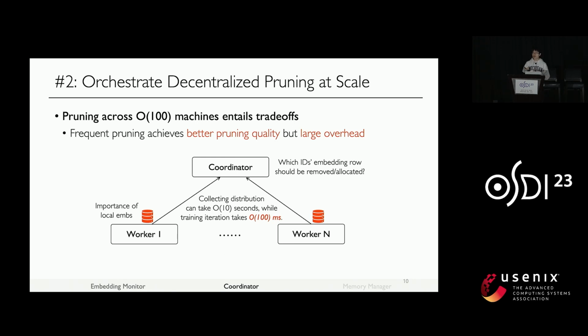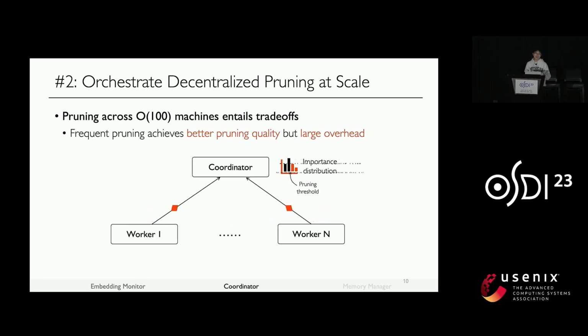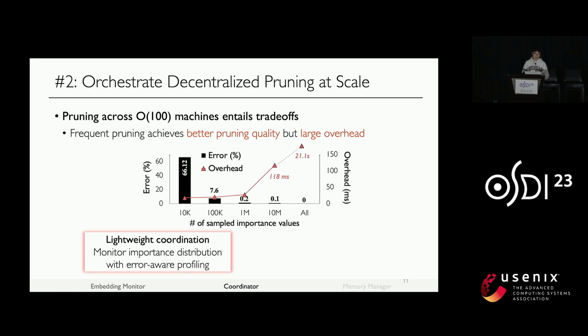To minimize this coordination overhead, we use a lightweight profiling design to figure out the distribution of importance values so that we can reallocate the embedding memory of those embedding IDs with smaller importance. Our profiling can decide the right portion of importance values to sample to ensure bounded error while reducing the system overhead. More details are available in our paper.